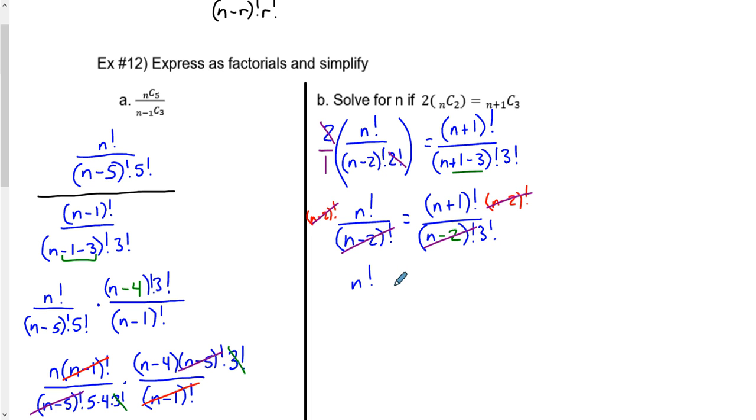So we'd have n factorial. You could put a 1 in your denominator, but it's not going to change anything. Equals n plus 1 factorial over 3 factorial. Now I'm just going to simplify 3 factorial as 3 times 2 times 1, which works out as 6.